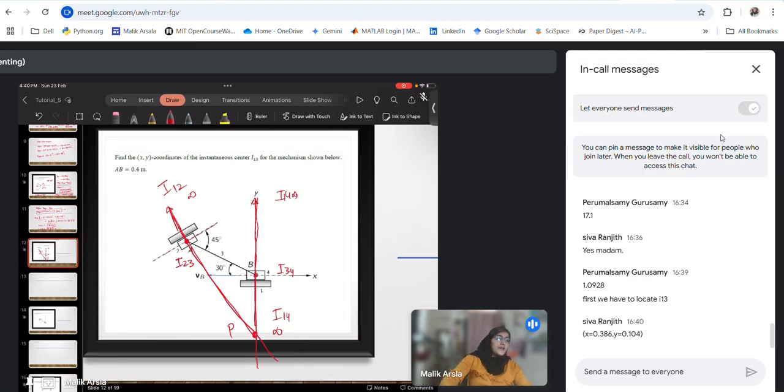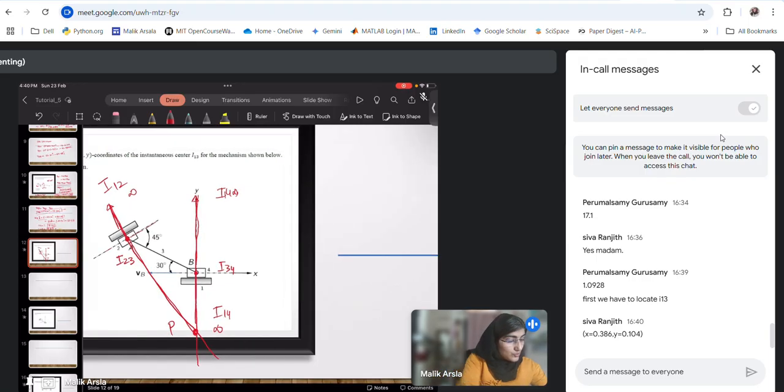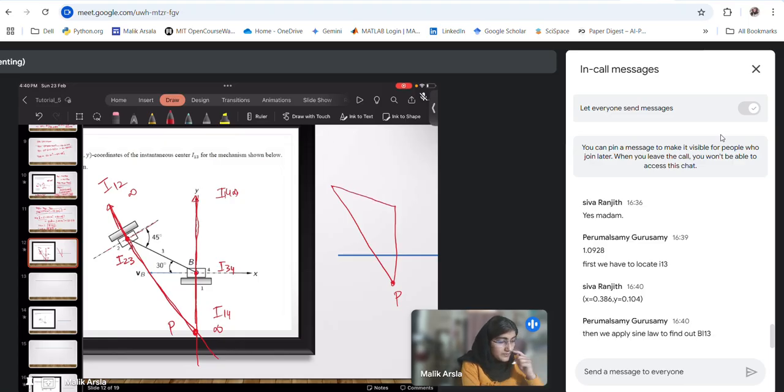Now we need to find this point P. This is perpendicular here. Like this is 30 degrees, so this whole angle will be equal to 30 plus 90 degree, right? So it will be equal to 120 degrees.